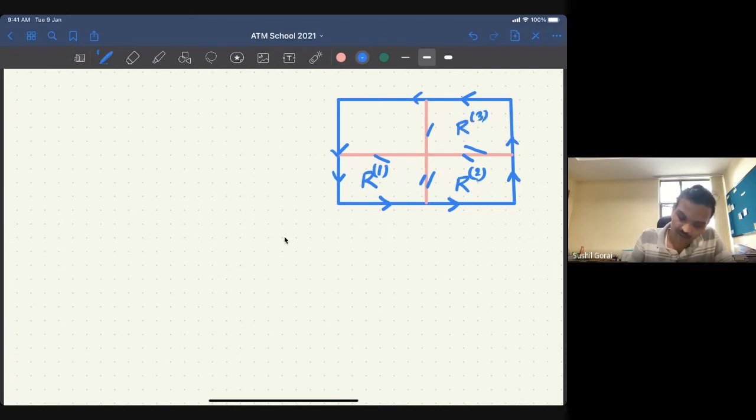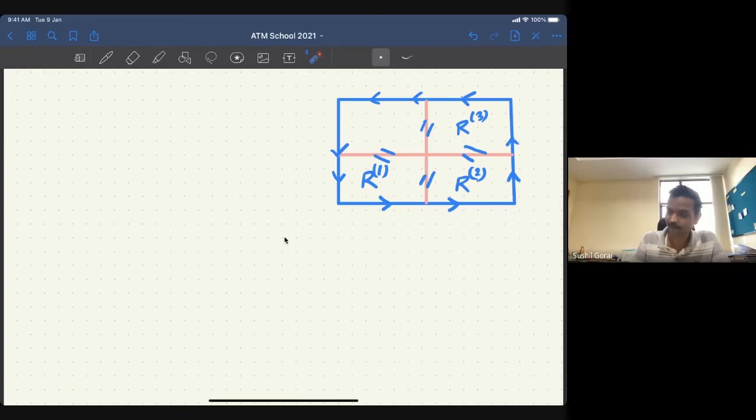And similarly here, you go this way, then this way, and then this way. You see, this line, this line, this line, and this line are traversed twice, and in the opposite direction. So in the integration, these will not contribute anything. Is this fine?